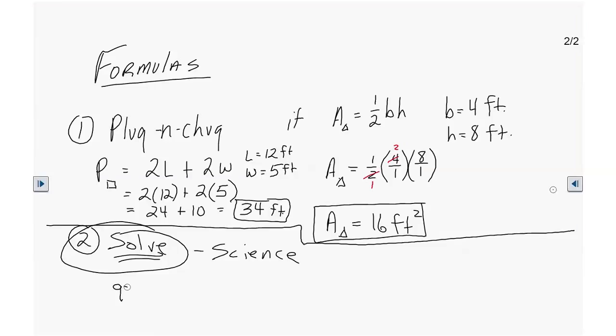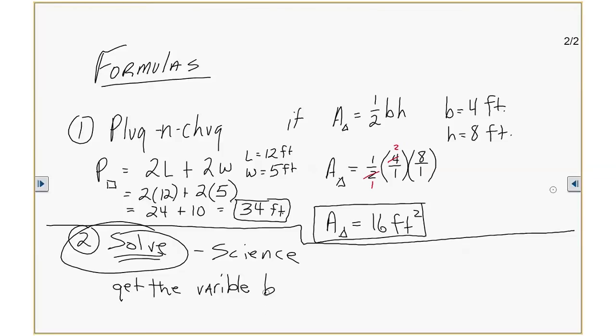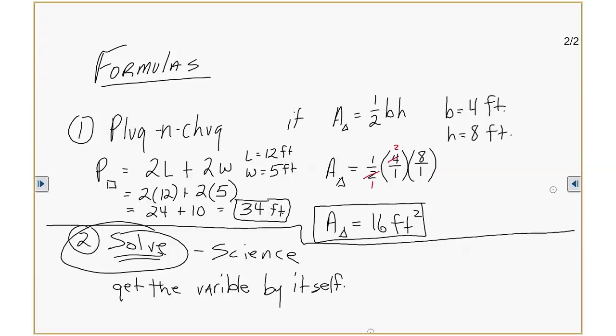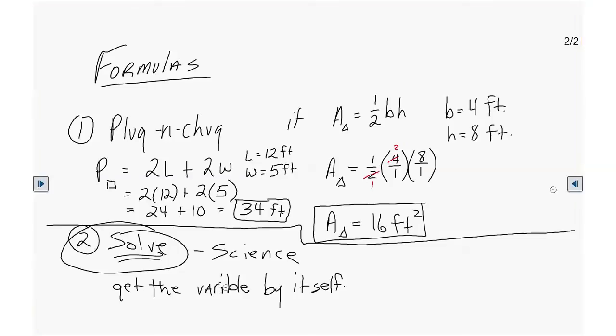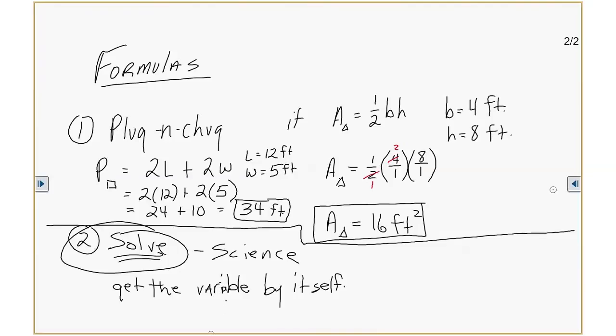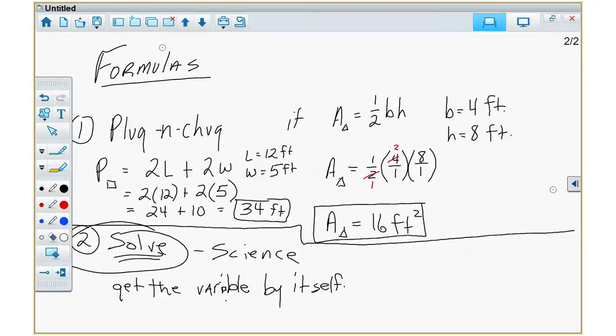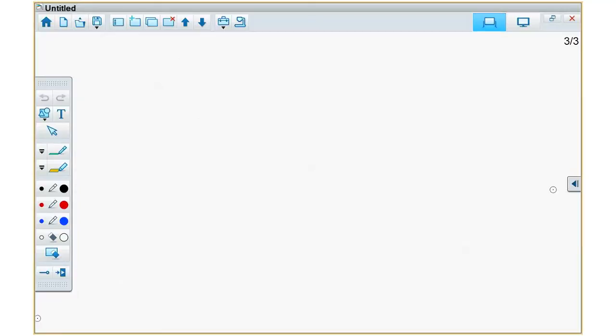Get the variable you want by what? By itself. In algebra, we learned how to solve for x. Well, with the solving formulas, you're going to get the y by itself, or get the x by itself, or get the q by itself.